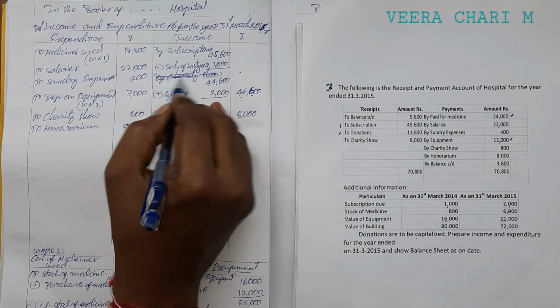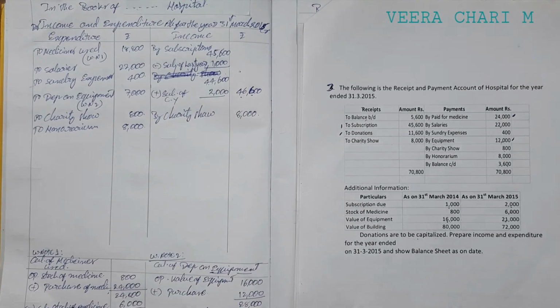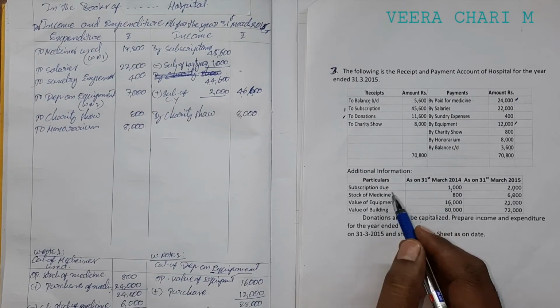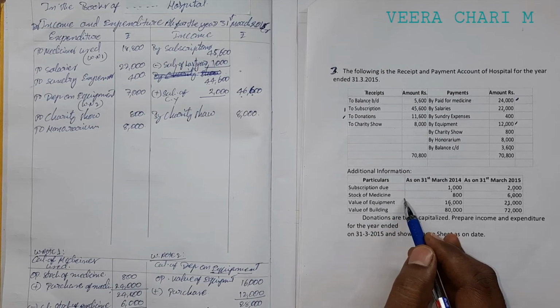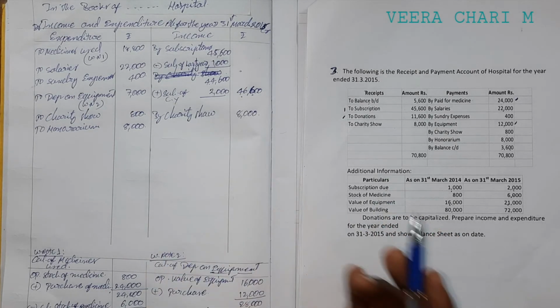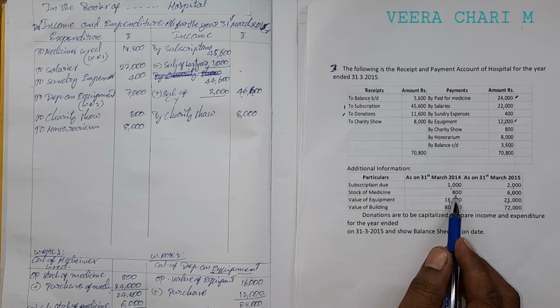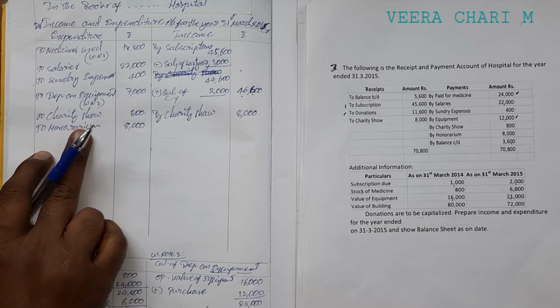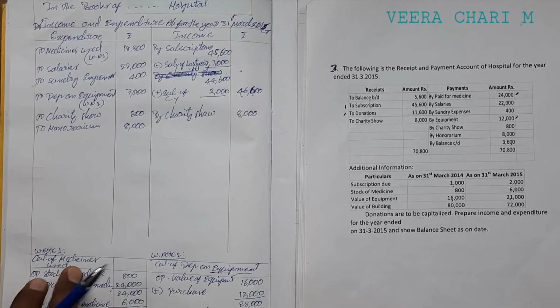Next one, after subscriptions due, there is the stock of medicines. There is a subscription due, double entry completed, and the stock of medicine 800 and 6,000. As per double entry, one time it's completed, and the second time it should be entered.